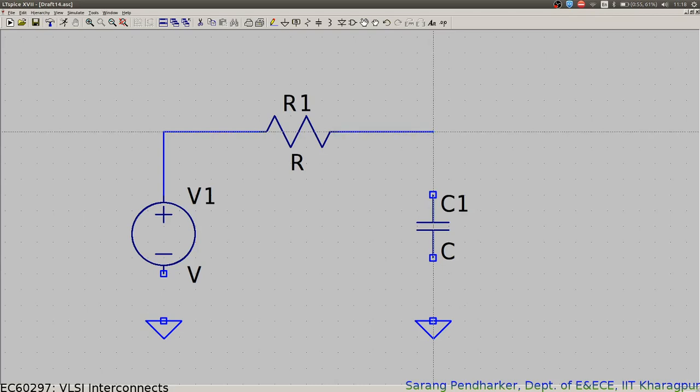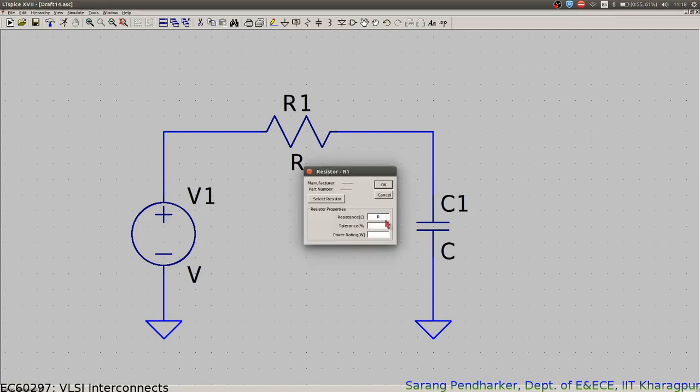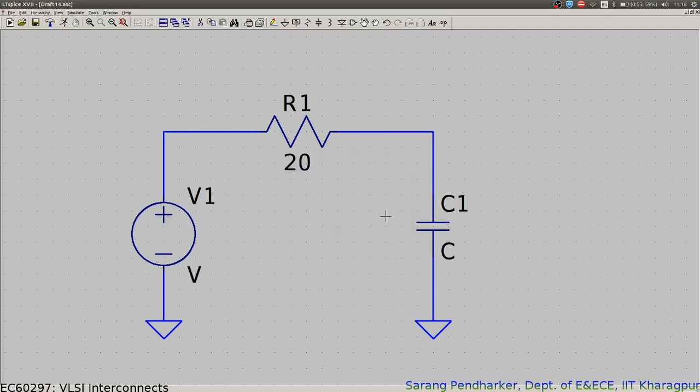So let me complete the circuit. Now that I've done the connections, let me give some values here. If I right click here, I can give the value of resistance. The unit is ohm, so it was 20 ohms.